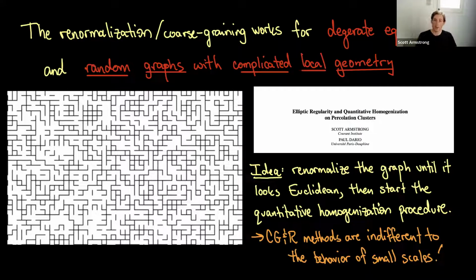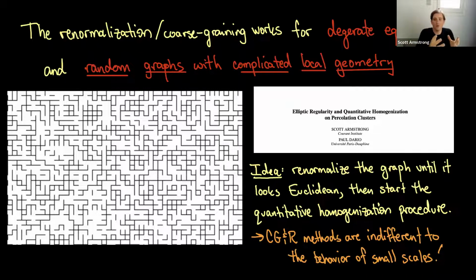And the way this fits into our program really nicely is that we can zoom out, renormalize until the graph looks Euclidean, and then we can start thinking about homogenization. Because our methods don't really see the small scales, you can start at some scale.